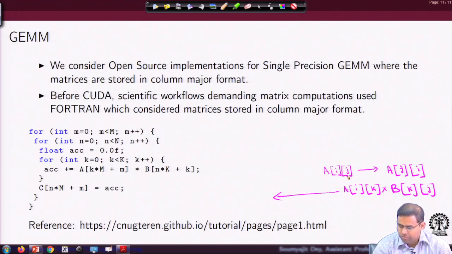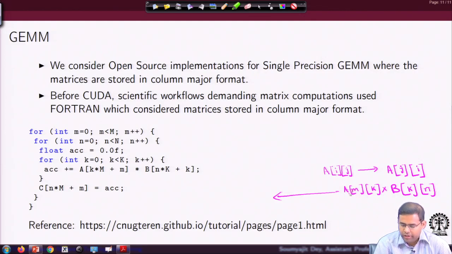So, let me consider it here that it is all m's and n's.